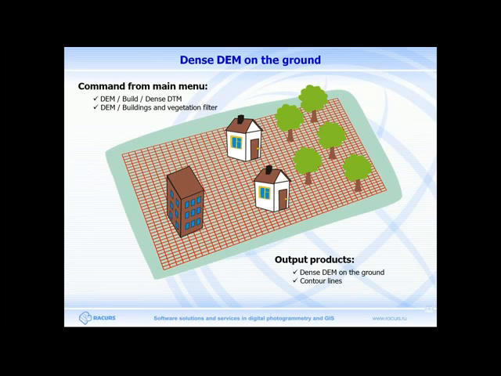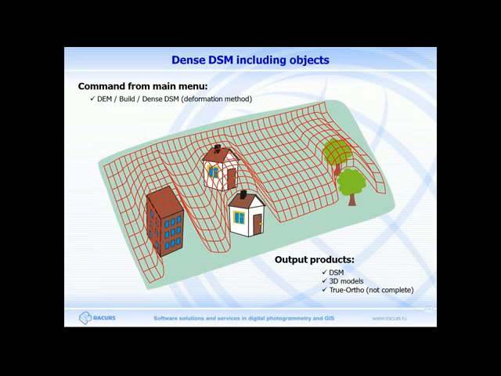There are similar tools to create a dense digital elevation model without the stage of picket calculation and TIN creation. Usually, the results of this modeling are a dense DTM on the ground and contours based on the DEM.